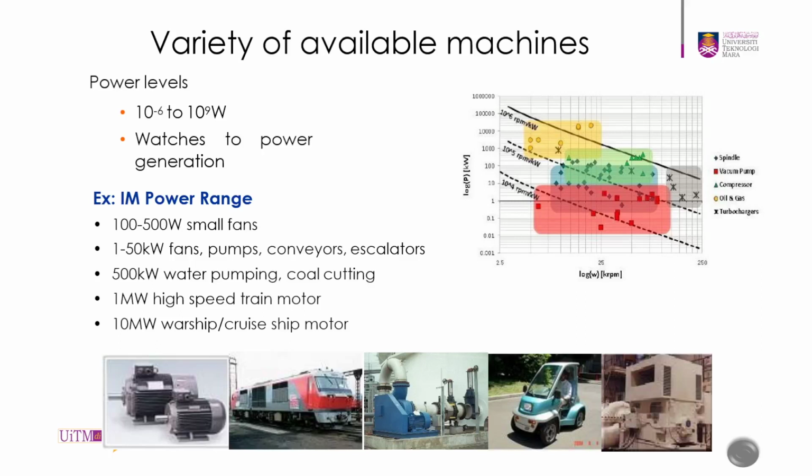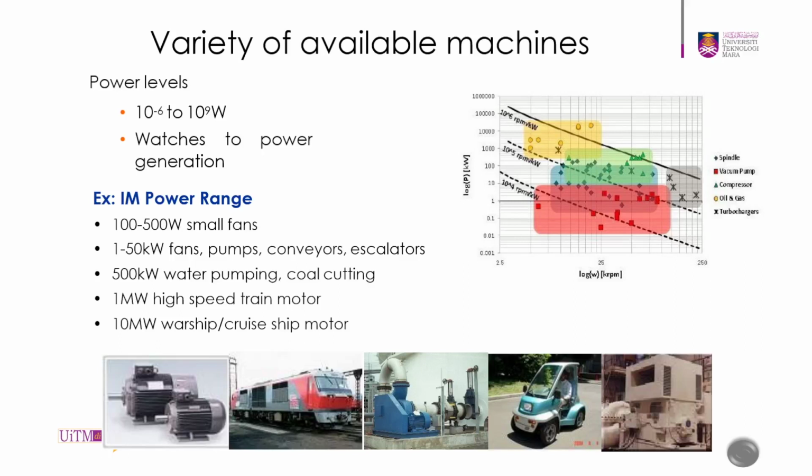And next, we look at a variety of available machines. For example, again, for the power levels of microwatt to hundreds of megawatt. For the induction machines, IM is induction machine power range. For small fans, it can operate from 100 to 500 megawatt. And for fans, pumps, conveyors, escalators for industrial application, it can go up to 50 kilowatt.